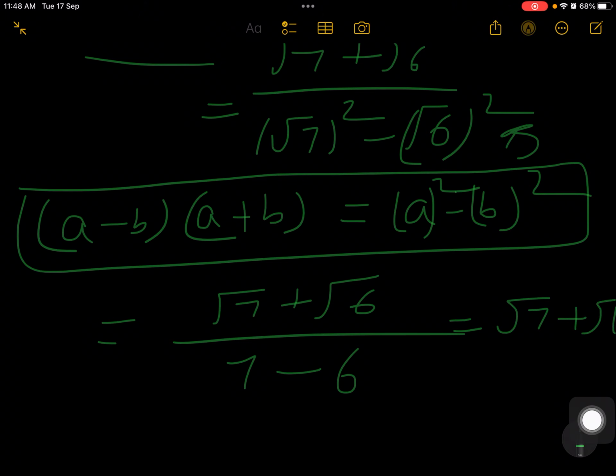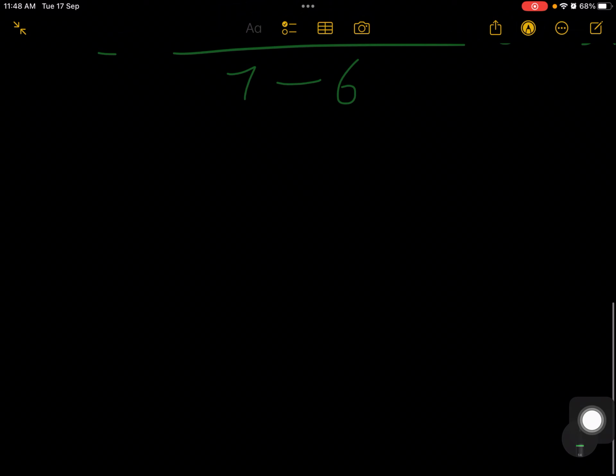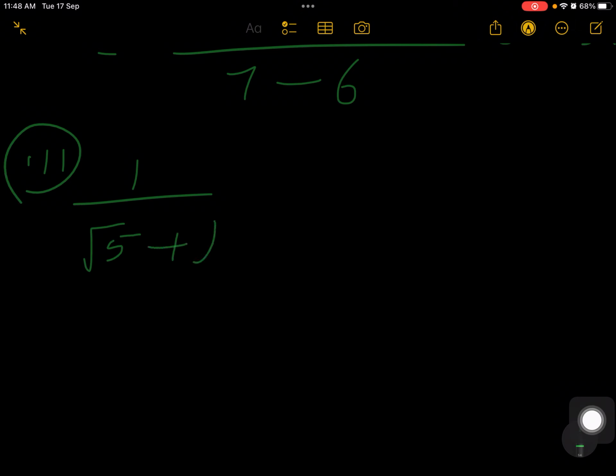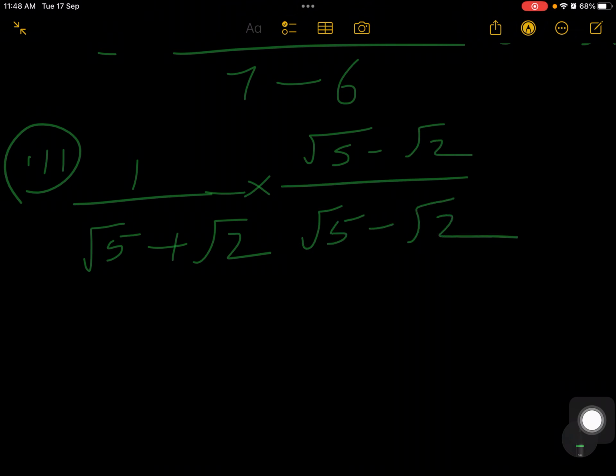Now see the third part of this question. The third part is 1 upon root 5 plus root 2. Okay, so again use the a plus b and a minus b format here. Again, root 5 minus root 2 upon root 5 minus root 2. When you do it, you will get root 5 minus root 2 upon a square minus b square.